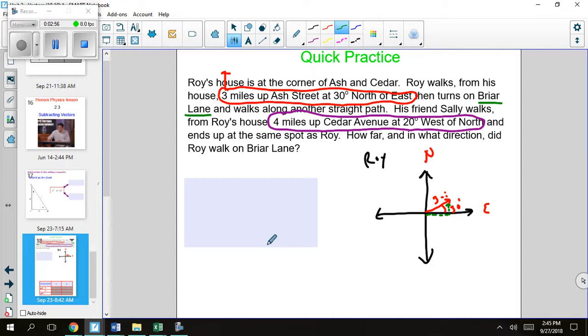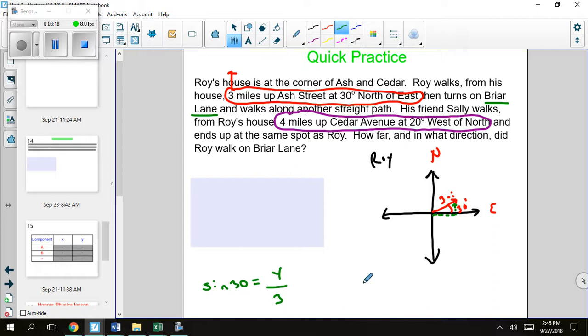So going back to SOHCAHTOA, we're going to take sine of our 30 degrees, and that should equal our y side, which is our opposite, over 3.